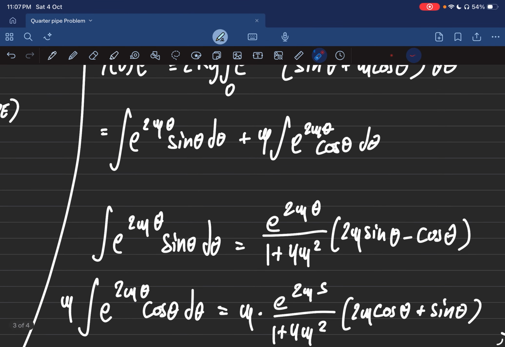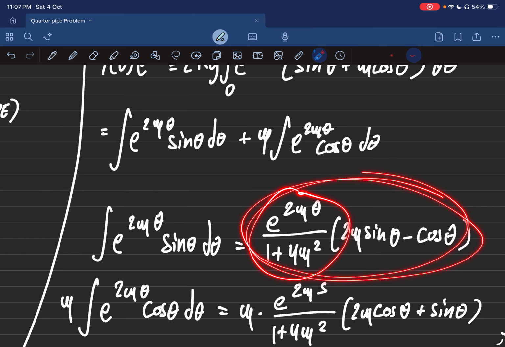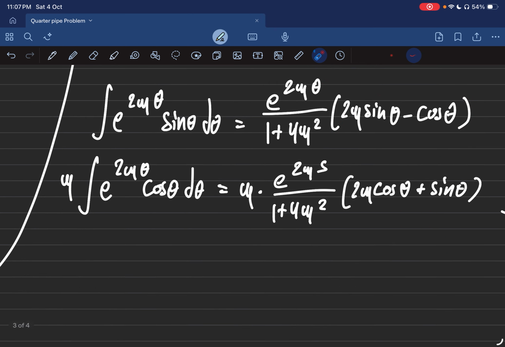That's chill. You should know the general results for the integrating factor times sine theta. This is our integral, this whole nice little thing over here. And similar for cosine. Oh, I don't know why that's an S. My bad. That's supposed to say theta.